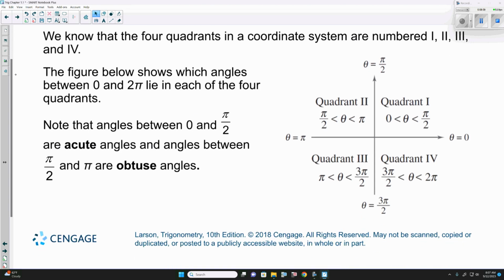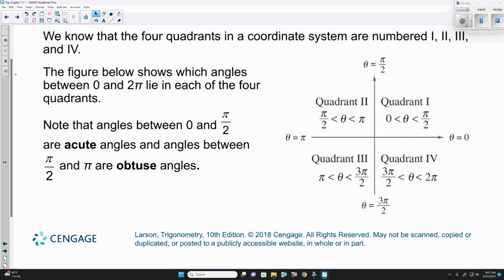We know that the 4 quadrants in a coordinate system are numbered 1, 2, 3, 4. We've talked about this before. You've talked about this in Algebra 1 and Algebra 2. The figure below shows which angles between 0 and 2 pi lie in each of the 4 quadrants. Note that angles between 0 and pi over 2 are acute angles, and angles between pi over 2 and pi are obtuse.